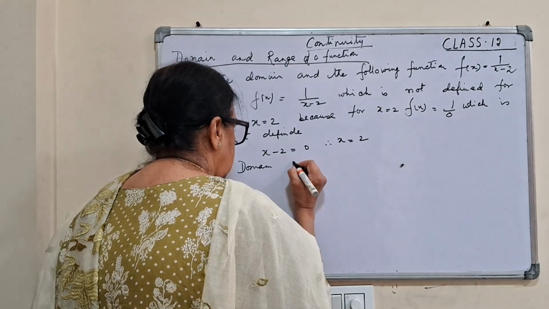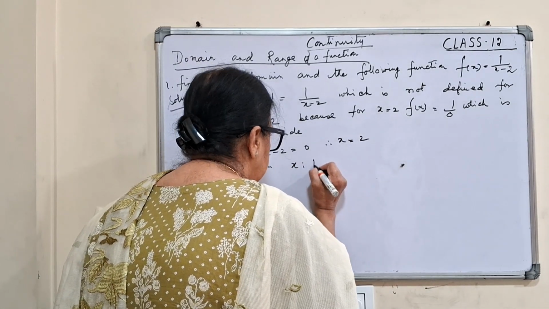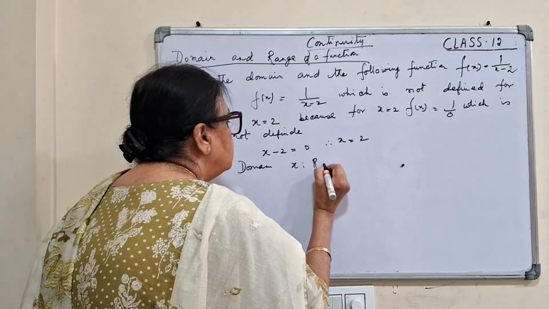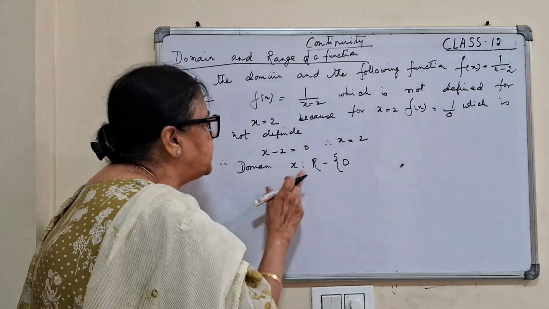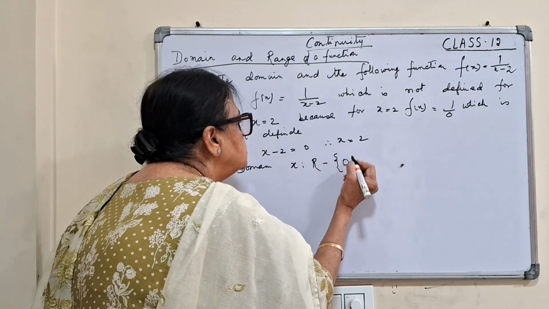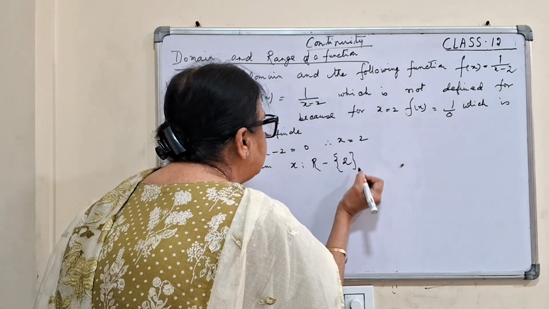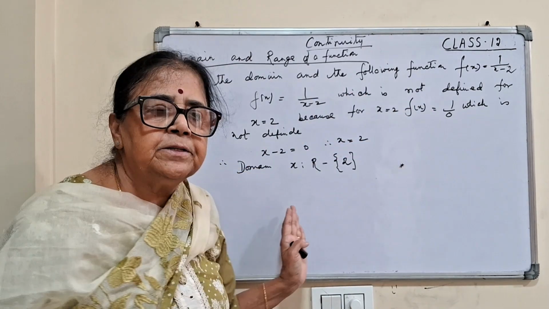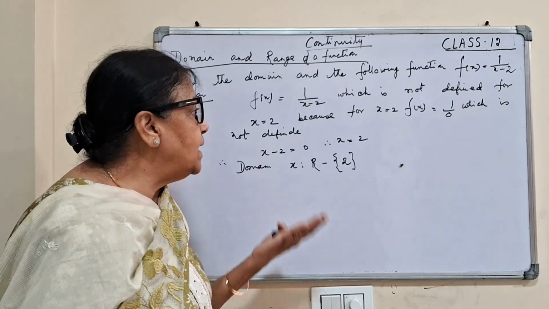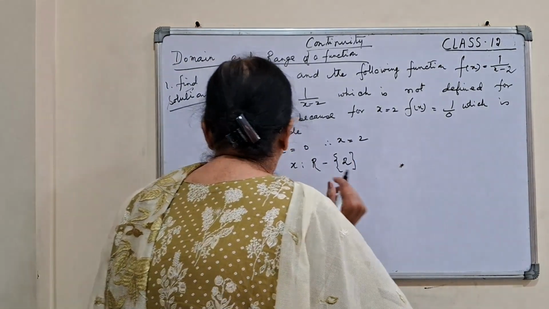It is all real numbers except 2. Why 2? If I put 2 there, the denominator will be 0, and 1 by 0 is not defined.